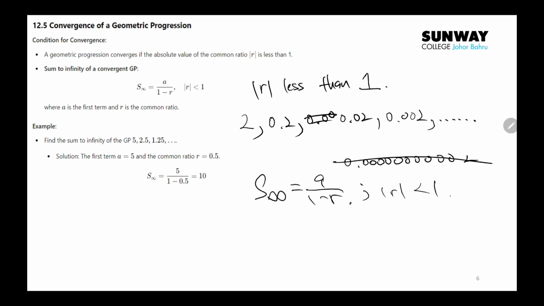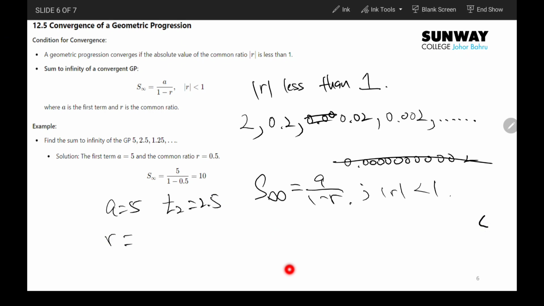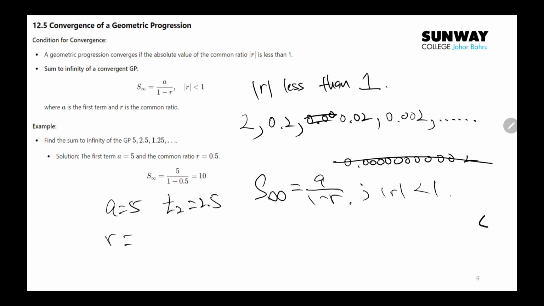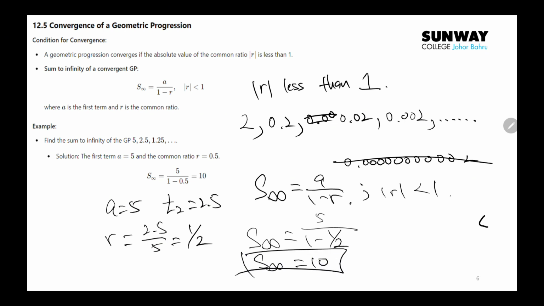For example, in this particular example on this page, our first term is 5, our second term T2 is 2.5, and our common ratio can be found by using 2.5 divided by 5, which is 1 over 2. 1 over 2 is smaller than 1. So we will be able to figure out the summation to infinity, where we substitute the values of a, and 1 minus 1 over 2, and eventually you will get the value of 10.